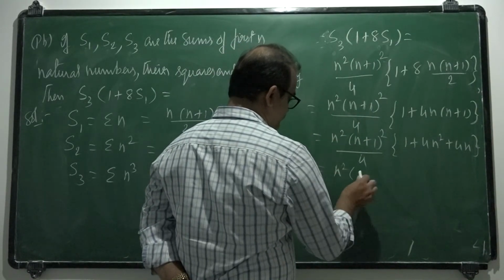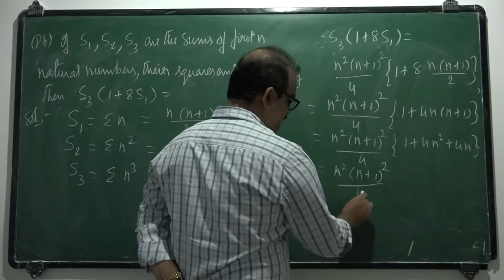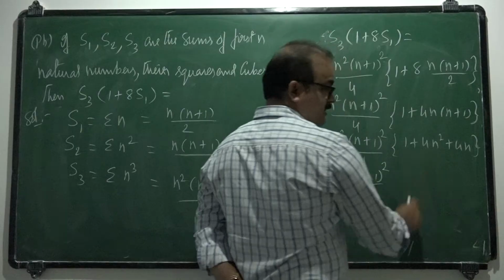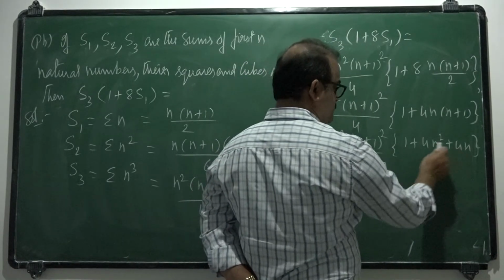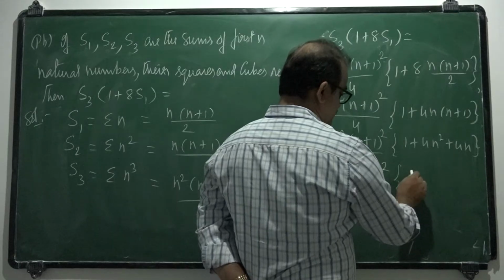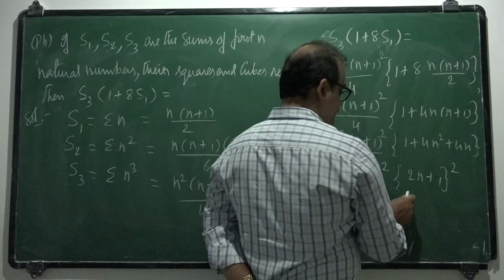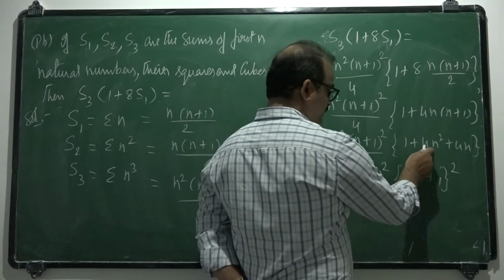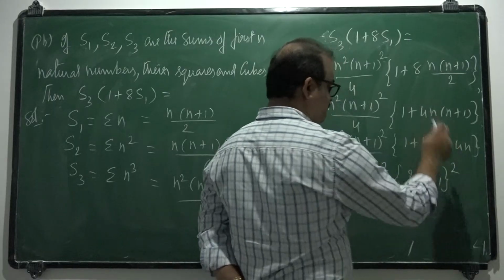This is n square into n plus 1 whole square by 4 into, see it is the perfect square, it is in the form of a square plus 2ab plus b square. This is 2n plus 1 whole square, a square 4n square plus b square plus 1 plus 2ab, that is 4n.